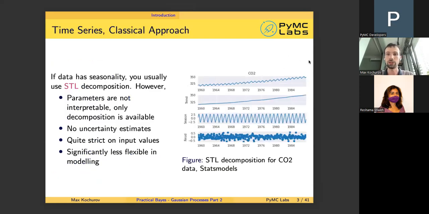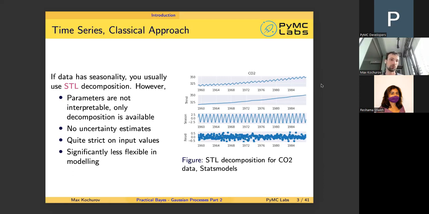And the basic thing you need to know about time series is that they include very special effects like seasonality. Seasonality is very common in a lot of data sets and processes. Usually it can be decomposed with an STL decomposition, which is a point estimate of what is treated as seasonality.